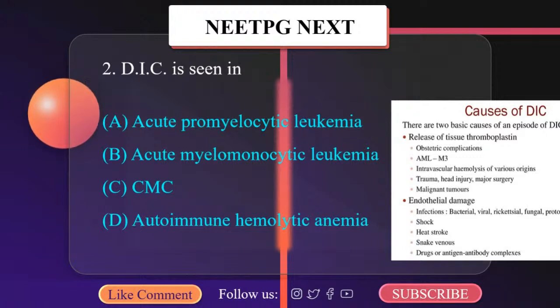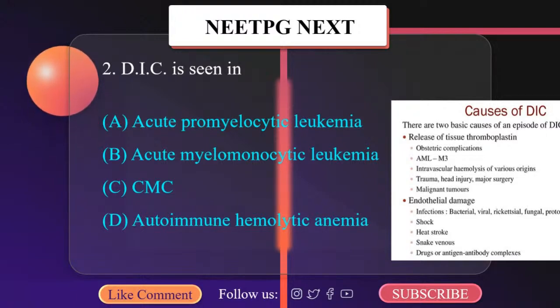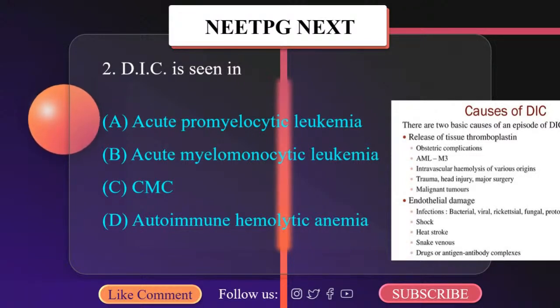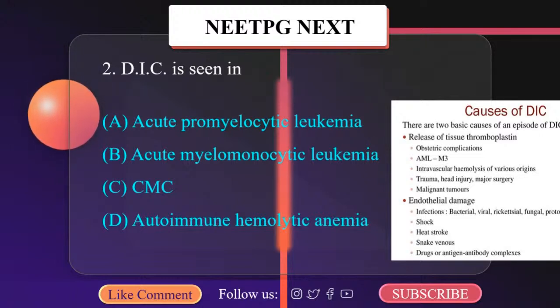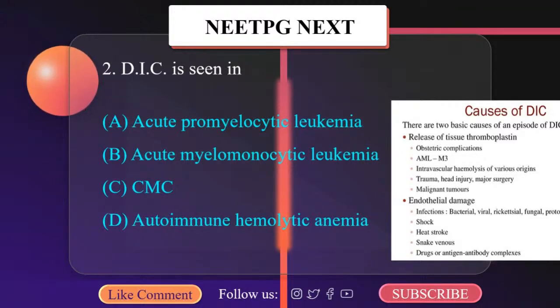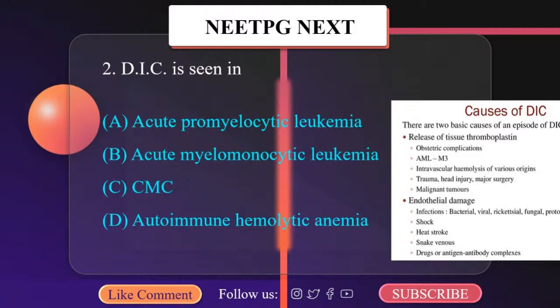Well, DIC is associated with promyelocytic leukemia. Acute promyelocytic leukemia, AML-M3, constitutes 5 to 10% of all cases of acute myeloid leukemia. So the correct answer here is A, acute promyelocytic leukemia.